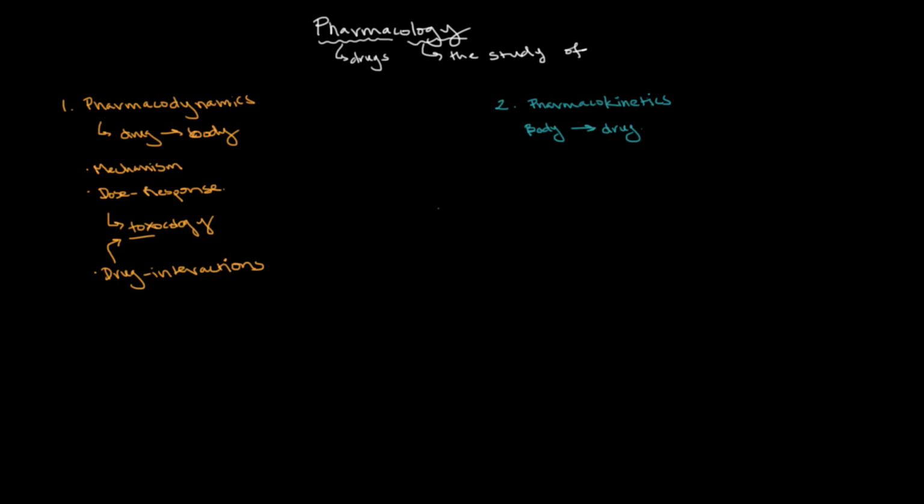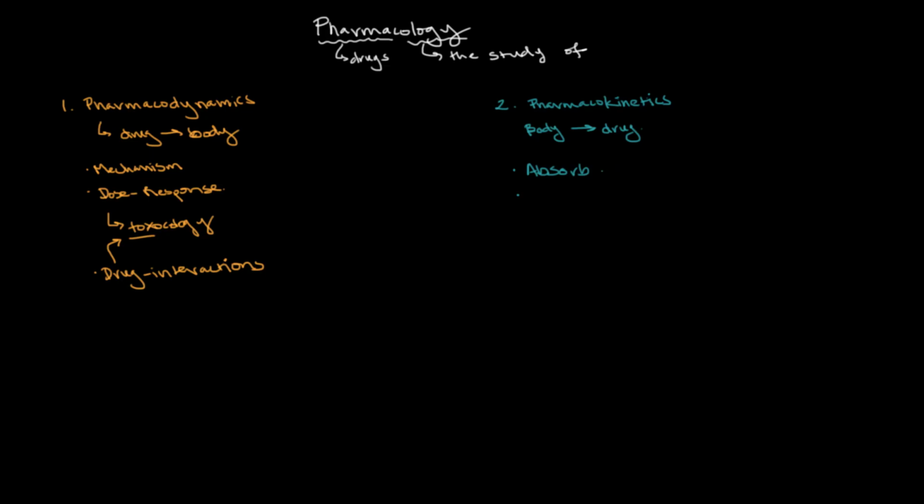So that's generally pharmacodynamics. For pharmacokinetics, we're thinking how the body affects the drug. So this is things like absorption. How is the drug absorbed? If we think of acetaminophen, we usually take that orally by a pill.